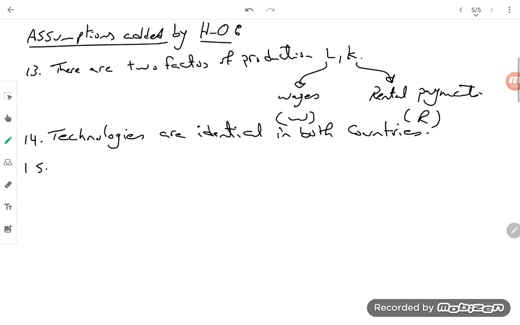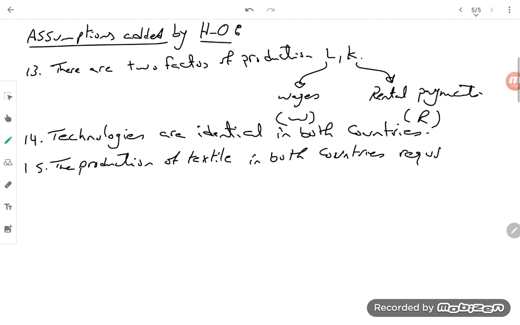Number 15. The production of textile in both countries requires more labor per capita, which means that textile is a labor intensive industry.